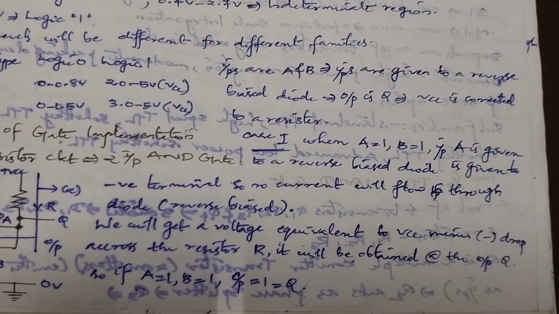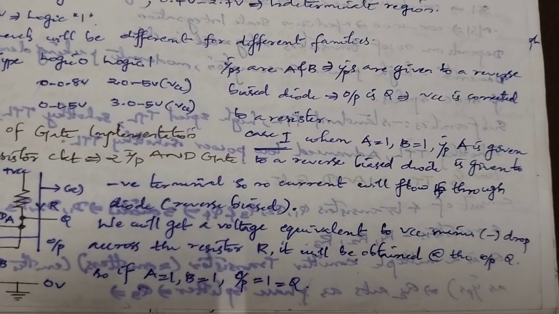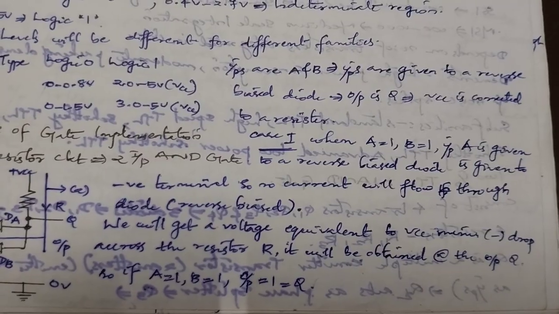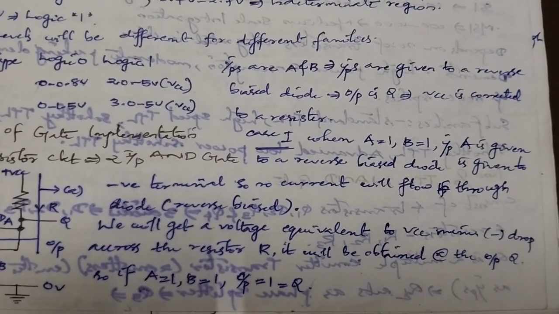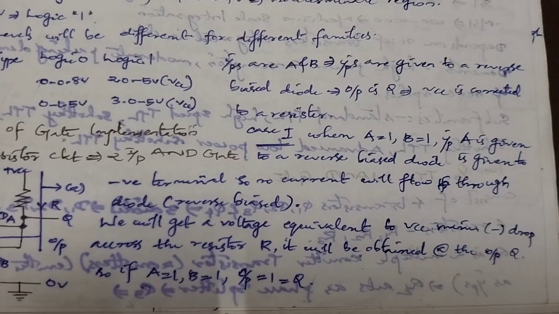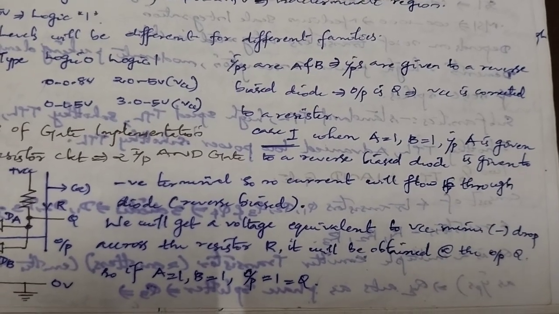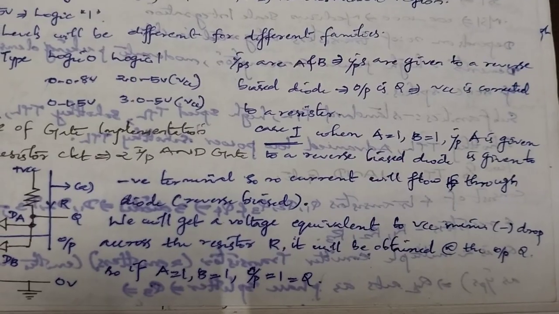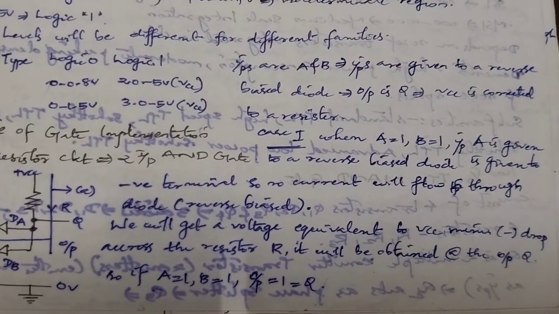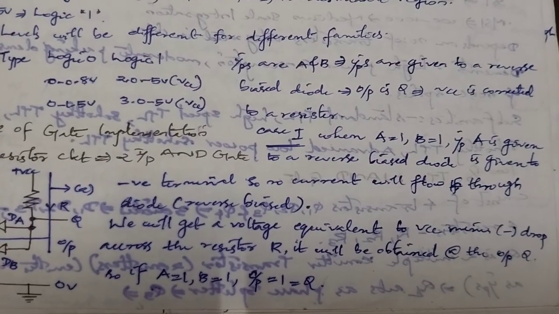It is reverse biased. We will get a voltage equivalent to VCC minus the drop across the resistor R. It will be obtained at the output Q. So if A is equal to 1 and B is equal to 1, the output will be 1, Q is also 1.